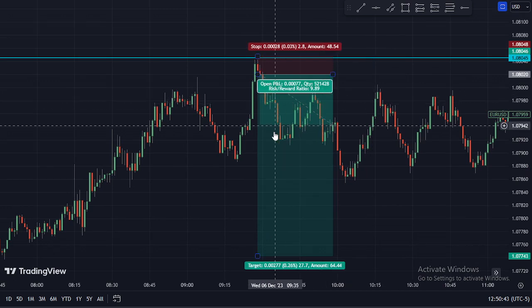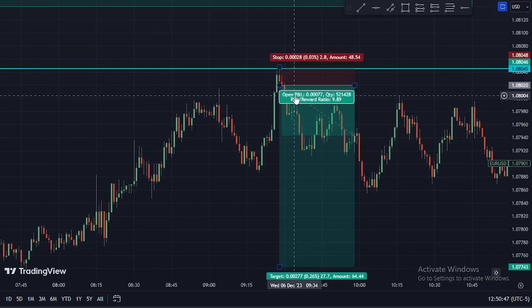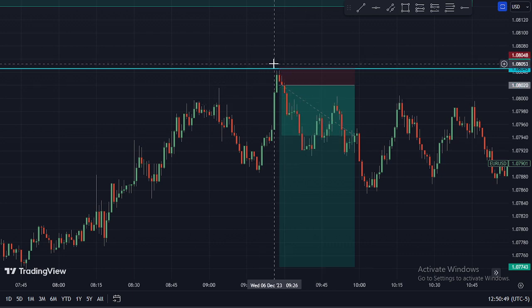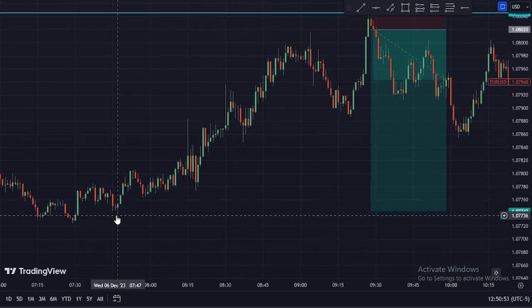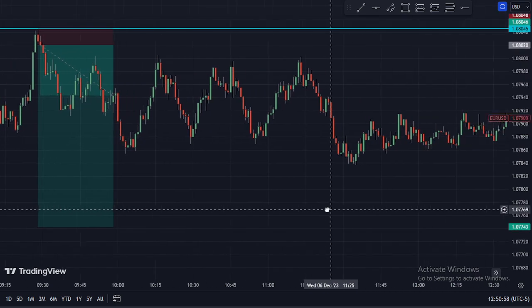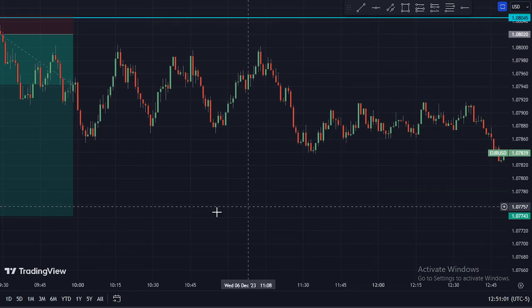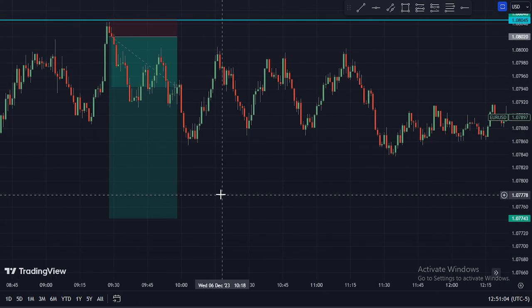As you can see, this is a 9-hour trade. As price came here, you should be selling there, stop loss being above there, and hold till you take out these lows, which I believe we are going to take before the close of the New York session.